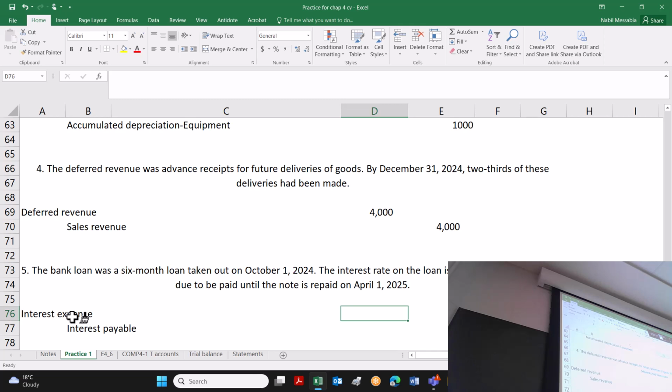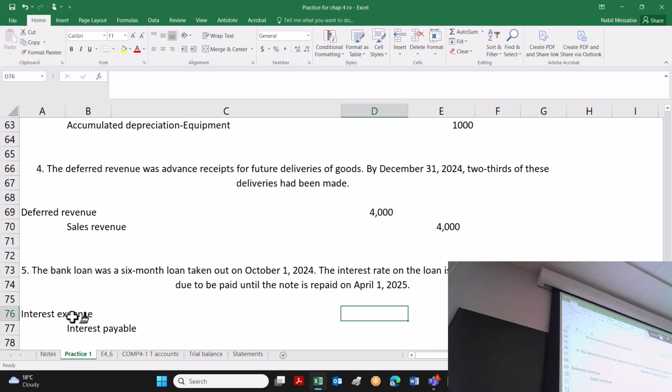9% is for a full year. 9% is for 12 months. Are we going to recognize an interest expense for 12 months? No, only for 3, right? October, November, December. So 3 out of 12 is the portion of time. Why 12?